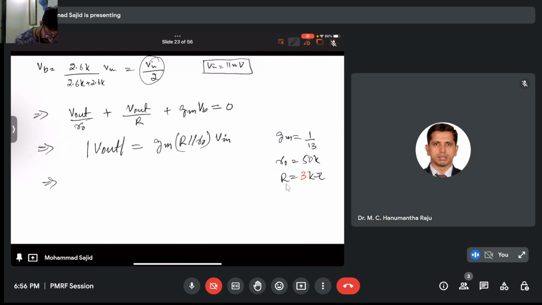Okay, so V output is equivalent to 1 by 30 into 50k parallel 3k, and V in should be V in by 2 because actually it is VB. So it is 11 millivolt divided by 2.